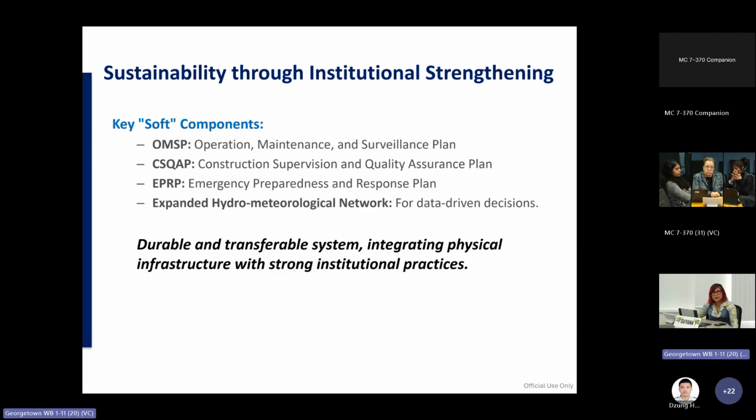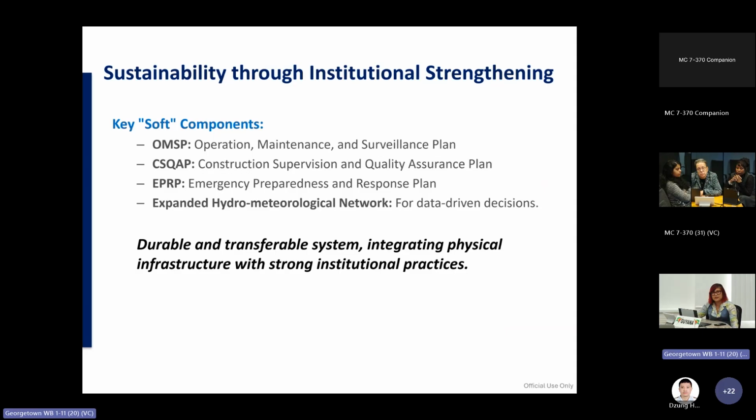Zoom mentioned the importance of combining sustainability measures with infrastructure investments in projects. And so what actually helps the government to continue this rehabilitation program is the development of pretty much 3 operational plans.